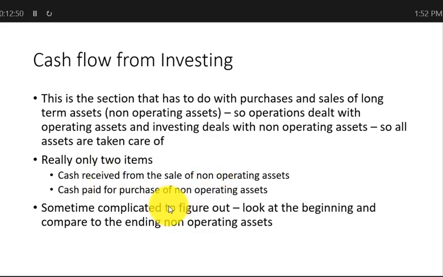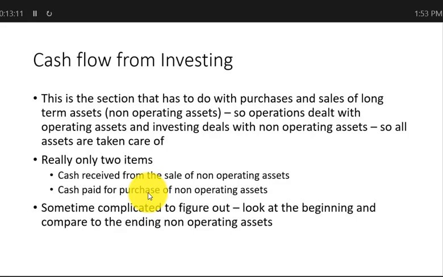So if we sold it, how much cash should we receive? Remember, this is a cash flow statement, so we're only worried about how much cash we received. And if we bought them, how much cash should we pay for those assets?